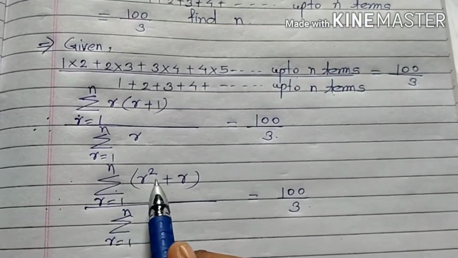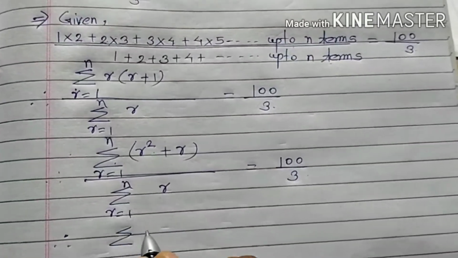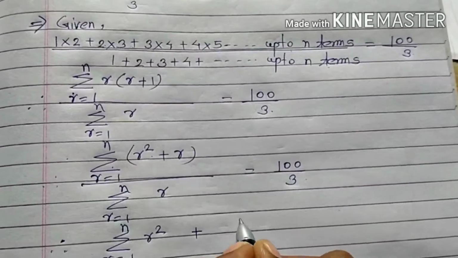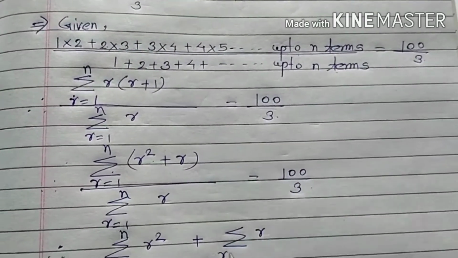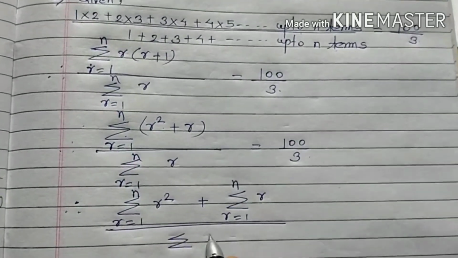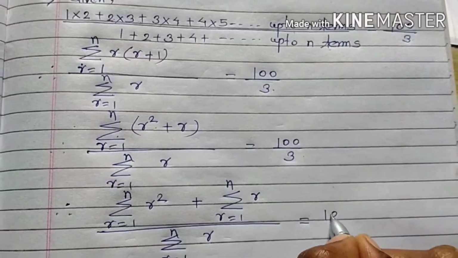Now taking summation on addition, the next step is summation of r² plus summation of r, upon summation of r, equal to 100/3.